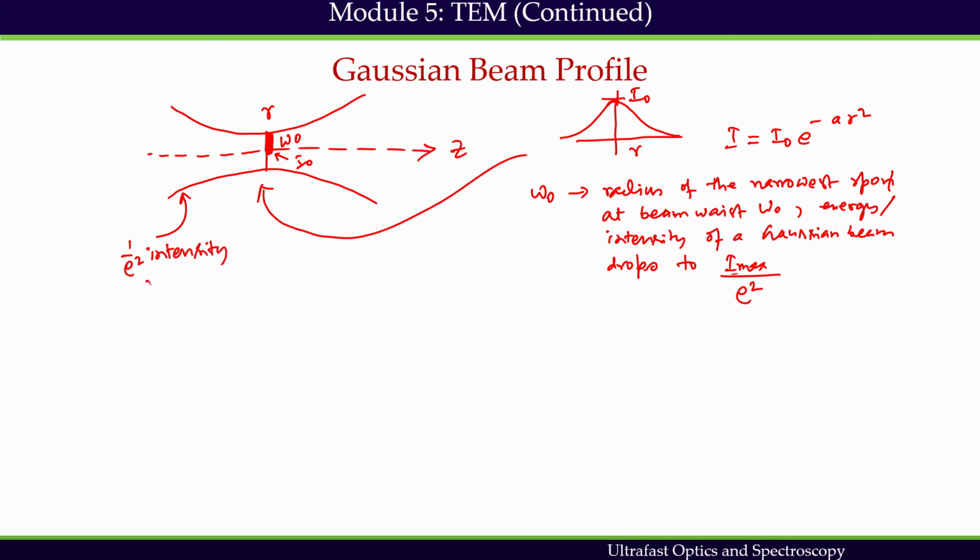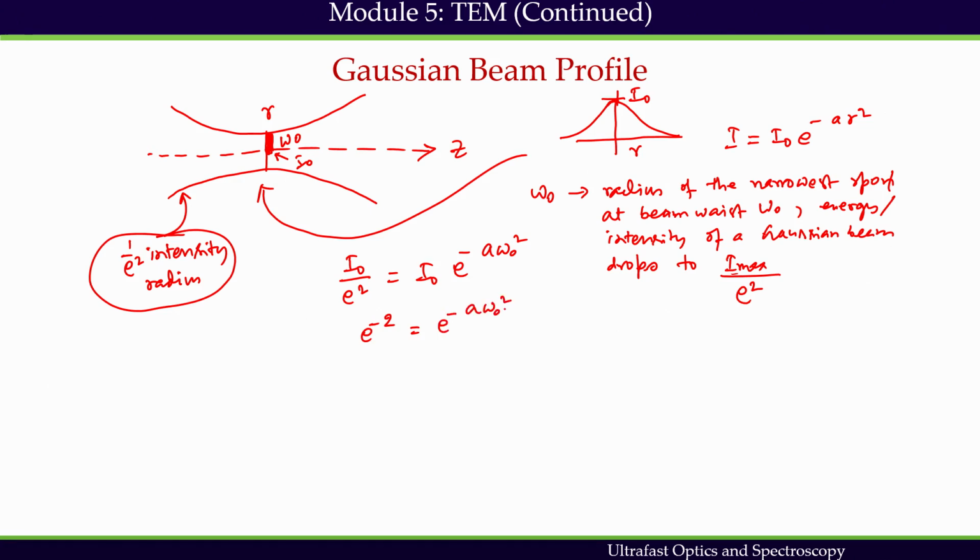In the intensity radius profile, I can write I naught by e square happens when I have e to the power minus a omega naught square, with r equals omega naught. So e to the power minus 2 equals e to the power minus a omega naught square.